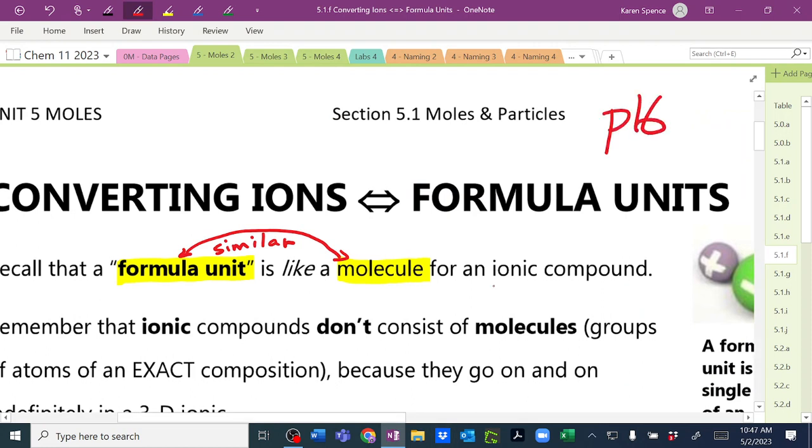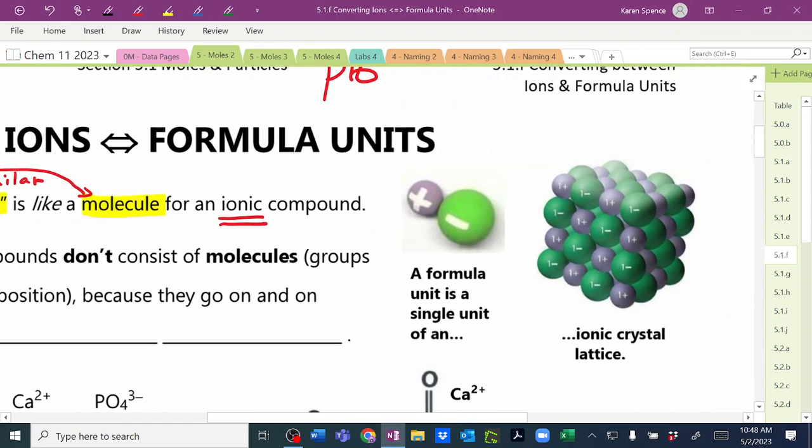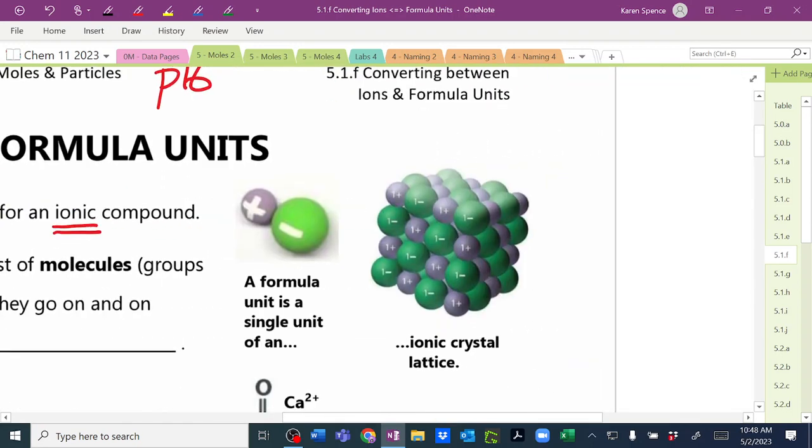It's like a molecule, but for an ionic compound. So it is a single unit of an ionic compound. Now remember, ionic compounds do not exist as molecules per se, because they go on and on in 3 dimensions in a crystal lattice. Okay?